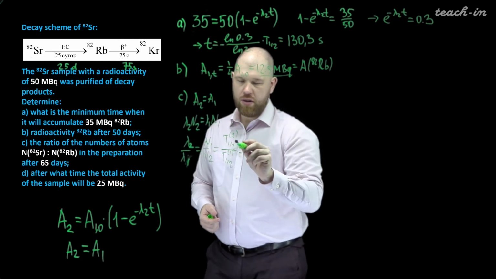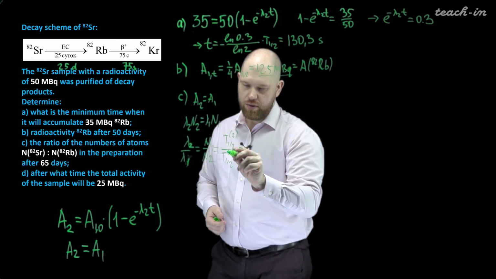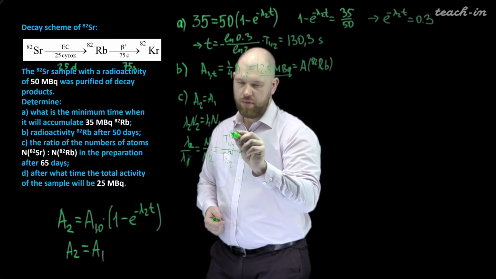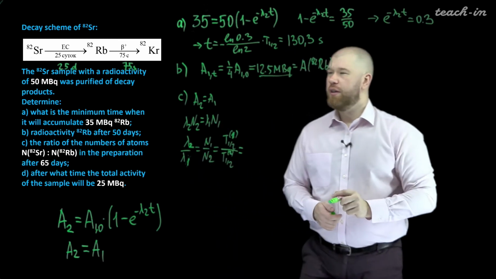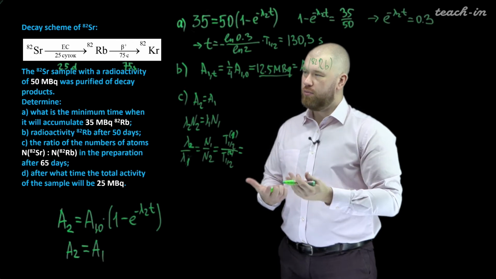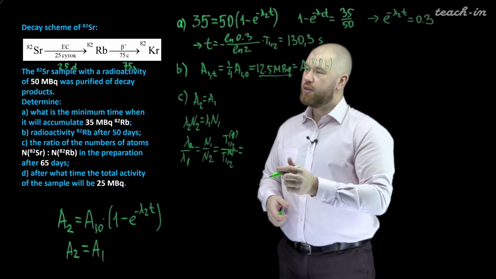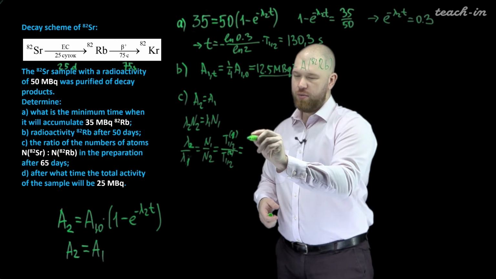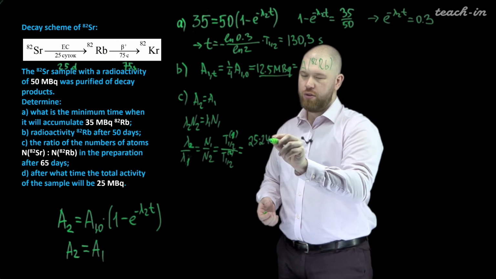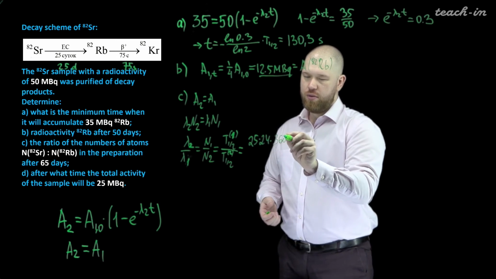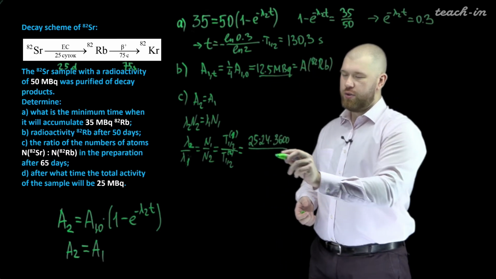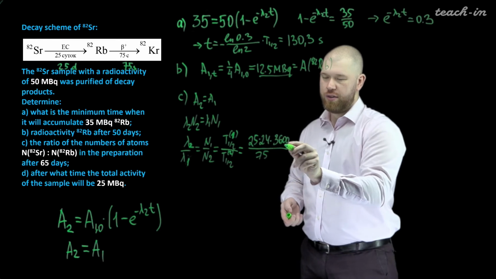Okay, and here lambda 2, lambda 1. Yeah, like this. And now the half-life of our strontium, our mother radionuclide, is 25 days, and we should convert it to seconds to compare with the daughter radionuclide, and divide by the half-life of the daughter radionuclide, so it is 75 seconds.